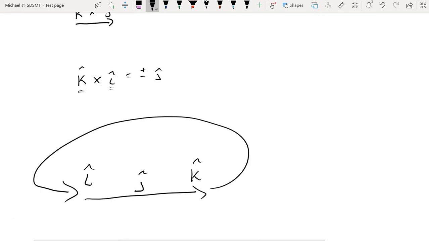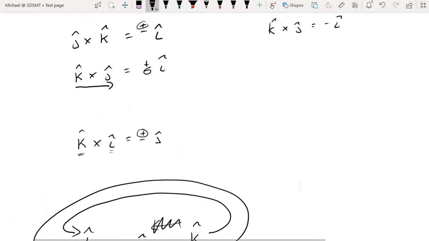Well, how do you get from K to I? We can't go back because that gets us to J. So we have to go all the way back around to the beginning, but that actually follows the alphabet song. So we are in fact going with the alphabet, and the outcome will be positive.